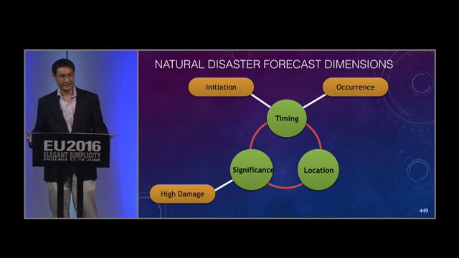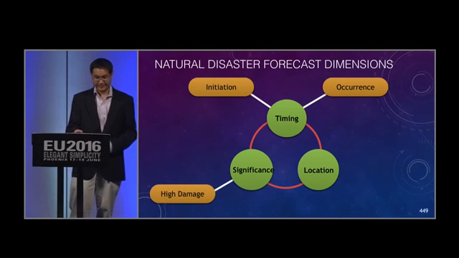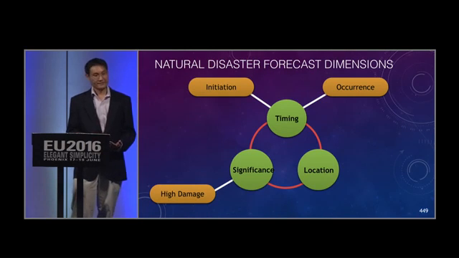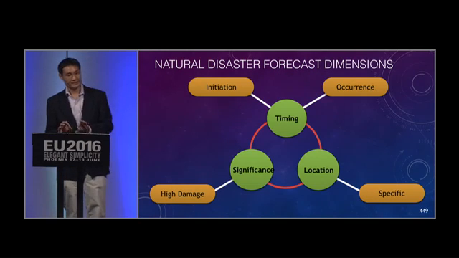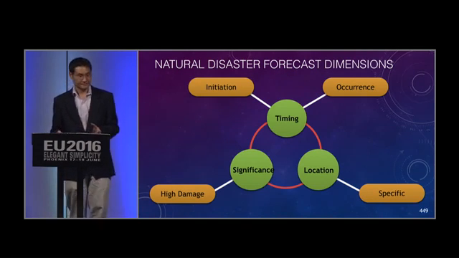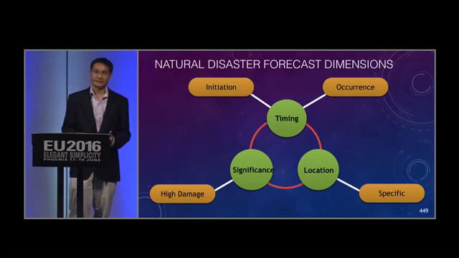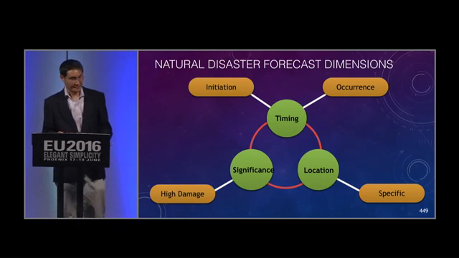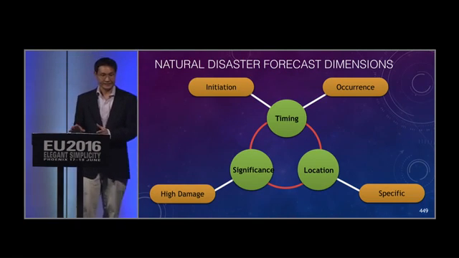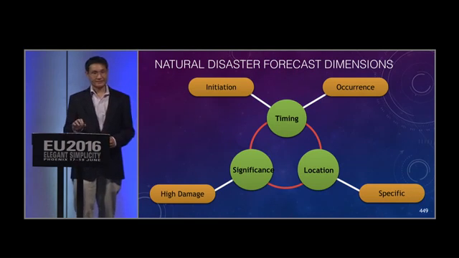If it's something that happens on a regular basis or is considered really normal, then there's no point in doing it. And the last but not least is location, which will be specific to different types or zones on Earth. But in this presentation, I'll be focusing on the two factors, significance and timing. The location will be a subject beyond this talk.